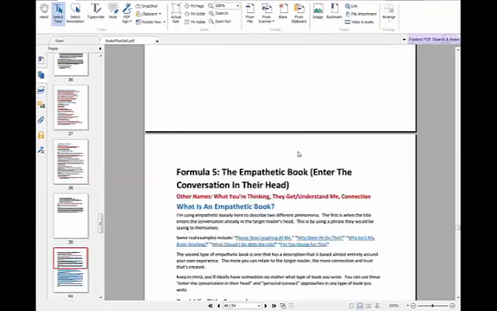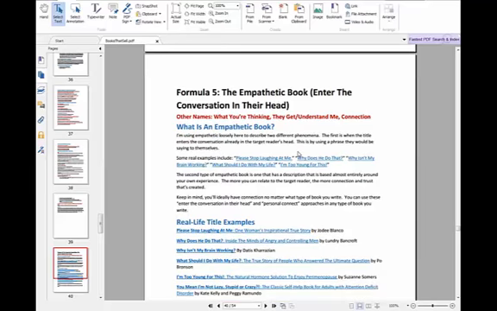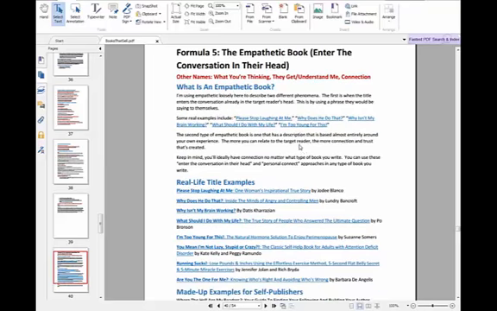And then finally, the fifth formula, the empathetic book. This is the one that actually requires a little bit of explanation. I call it empathetic because you're connecting with them. It's almost like you're inside their heads when it comes to the title.